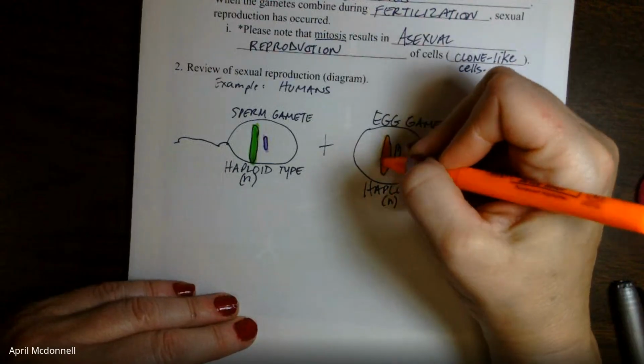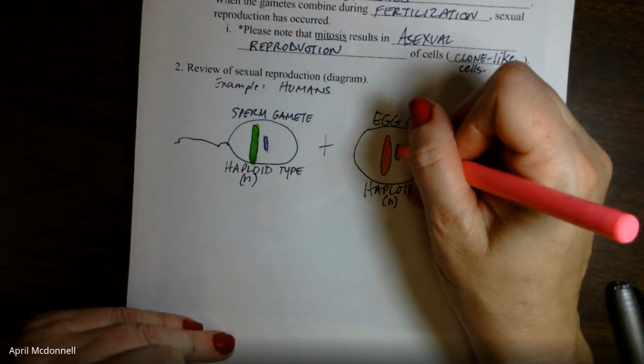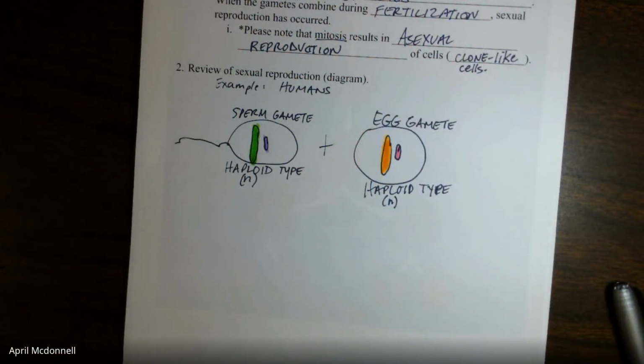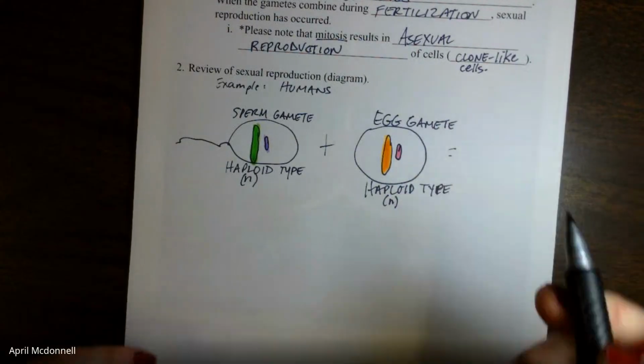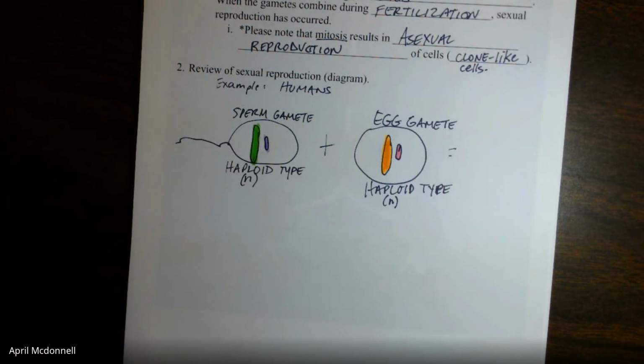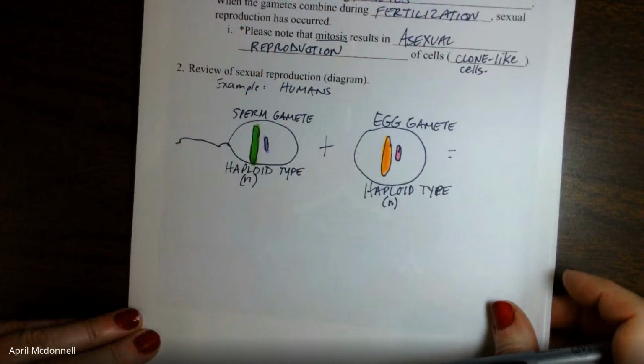We'll use some different color markers to indicate different sequences of DNA. So remember when the sperm and the egg combine during fertilization, the chromosomes will also combine in the fertilized egg, which we call the zygote. Just doing a quick review.